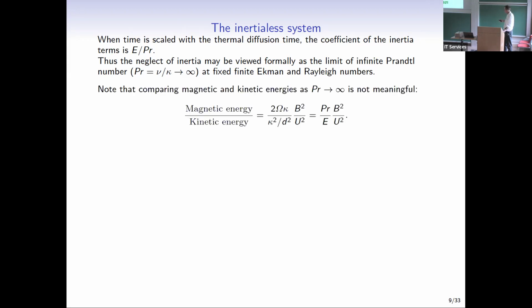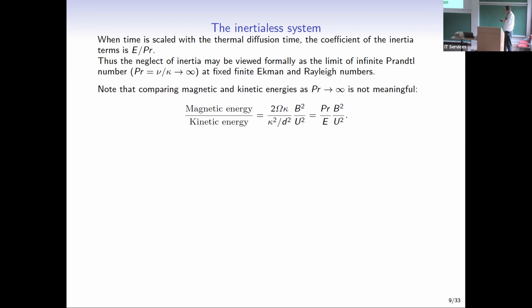Okay. Technical point, I think Andy raised this on Monday, maybe. The idea of energies is slightly strange in this problem. So that if you work out the magnetic energy to the kinetic energy, so this would be it. These would be the dimensionless numbers, the B and the U, under this scaling.